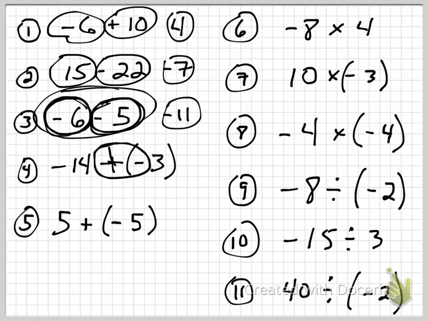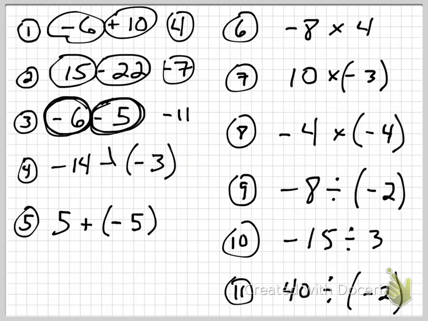Okay, so that means that I have 14 negative poker chips here, and then I also have 3 more negative poker chips. What do I have on the table? 17 negative poker chips. Was that a plus before? It was a plus before, yeah.